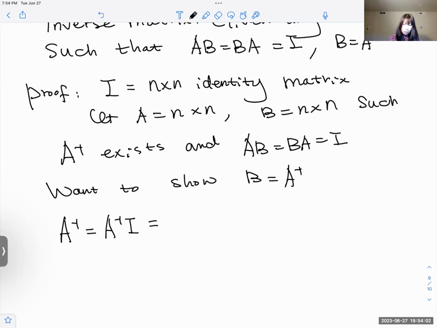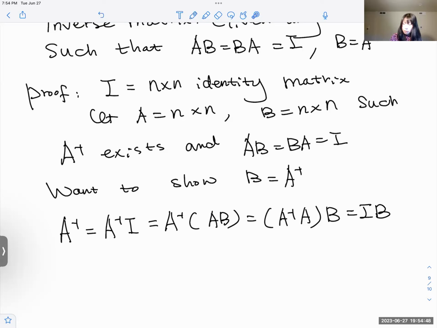Then, because we said AB equal to the identity, we replace the identity with AB. Then by associativity of multiplication, we can regroup. Since the inverse exists, this is the identity.